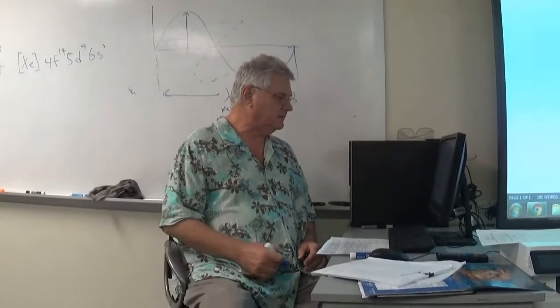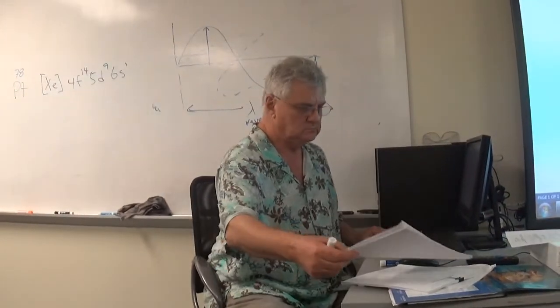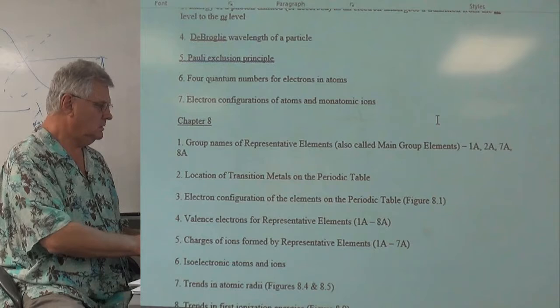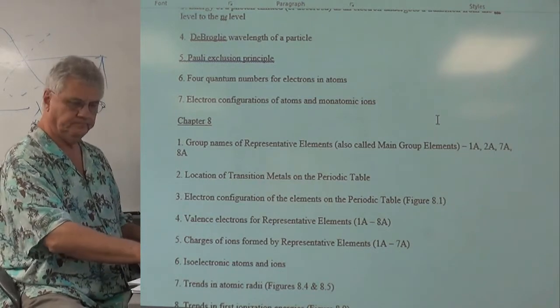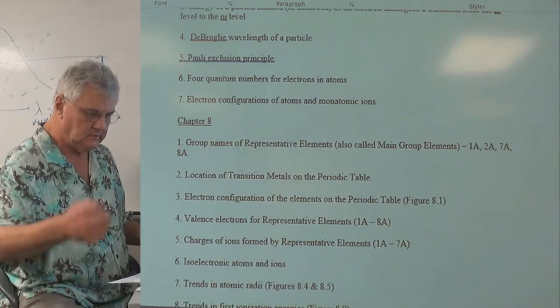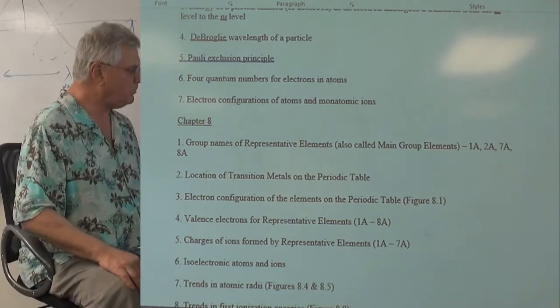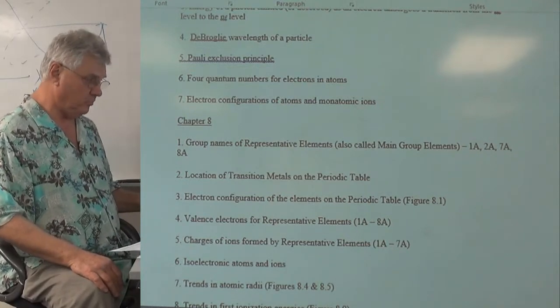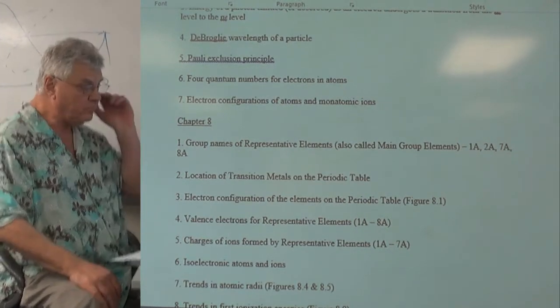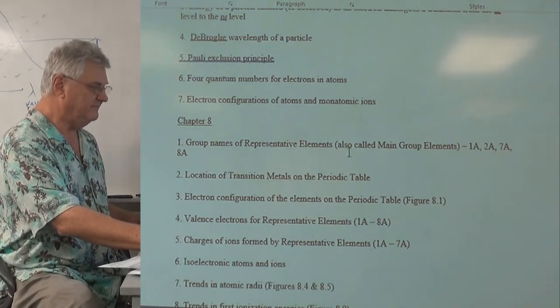Let's move on here to chapter 8. You have another copy of the periodic table, and you may want to get it out. Four groups of the main group representative elements have names.